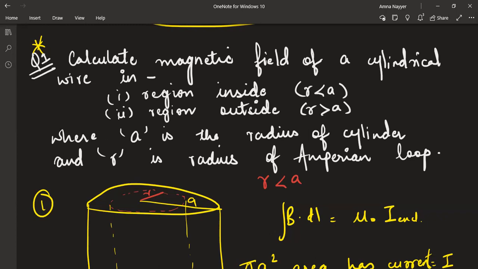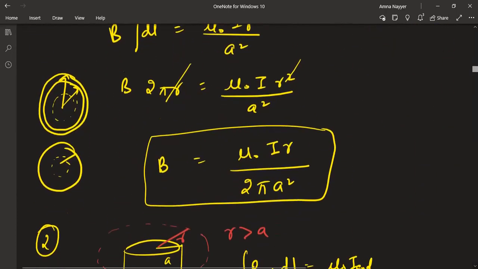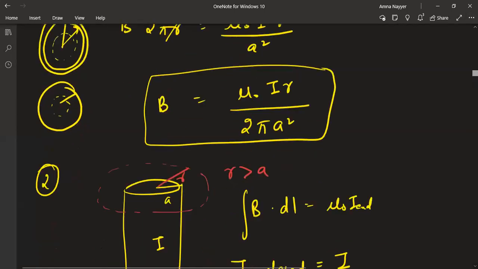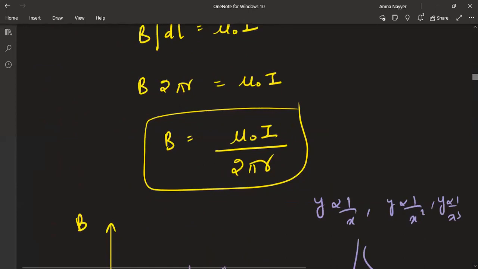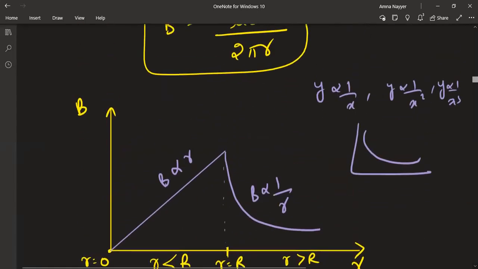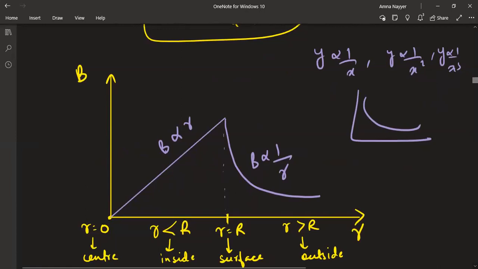For a point lying inside, you can even directly remember the formula: it will be mu naught I r by 2 pi a square. And if it is outside, then it will be mu naught I by 2 pi r. If you plot a graph of this, from the center towards the surface, B is directly proportional to r throughout the inside, so a straight line graph will be obtained.